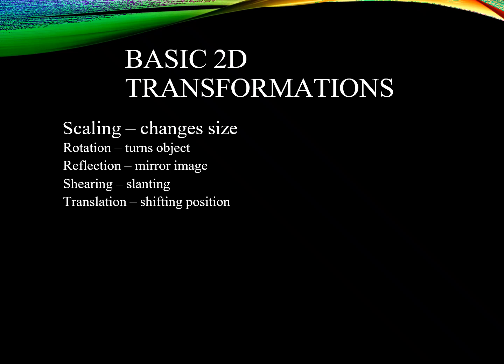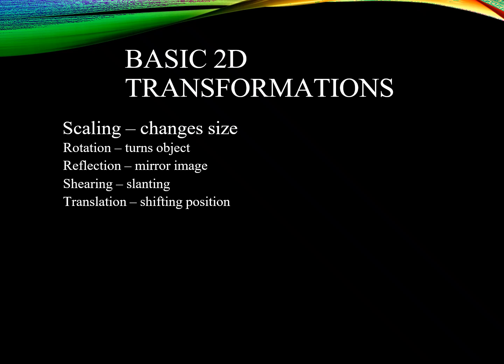Now, there are five basic two-dimensional transformations which are discussed. The first one is translation, which moves an object from one position to another without changing its size or orientation. The second is scaling, which enlarges or shrinks an object. The third is rotation, which turns the object around a fixed point by a certain angle.